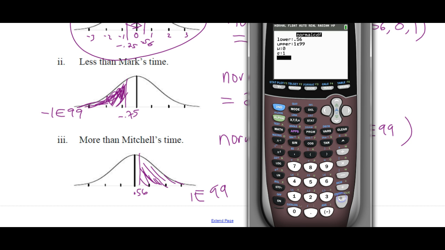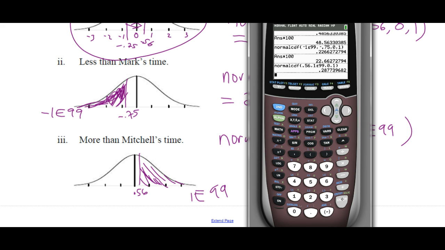Now there is a way to do this with raw scores, in which case we change the mu and the sigma to match the raw scenario, because your calculator can calculate the z-scores for you. It has that formula, z equals x minus mu over sigma. So we paste. There it is. If you're using your calculator, you put the bracket after the 99. It won't make any difference.